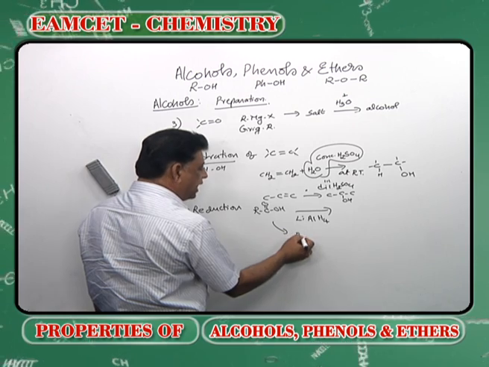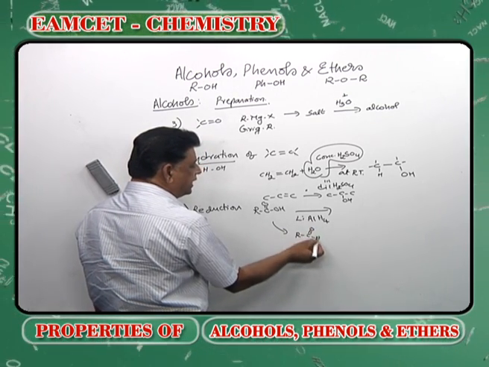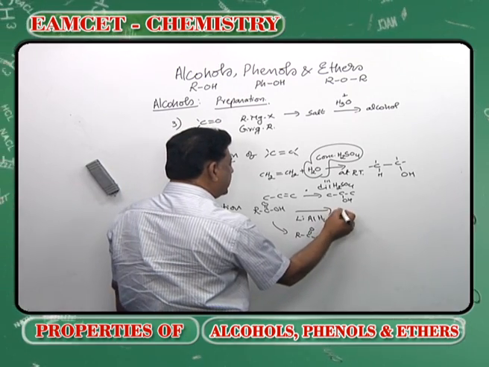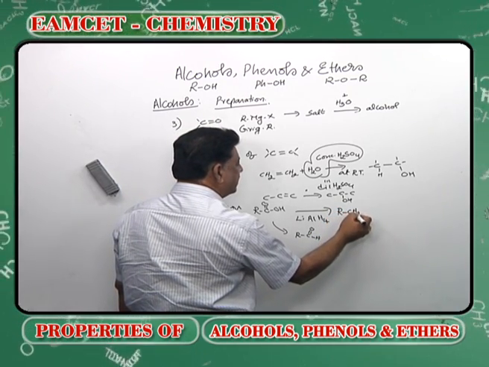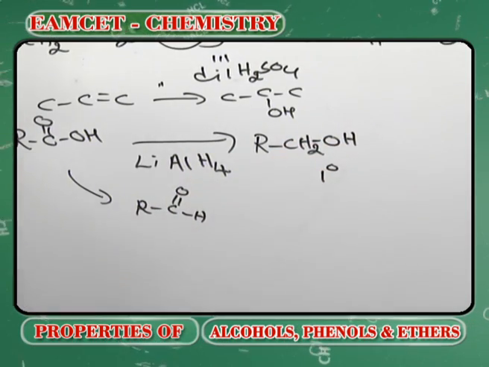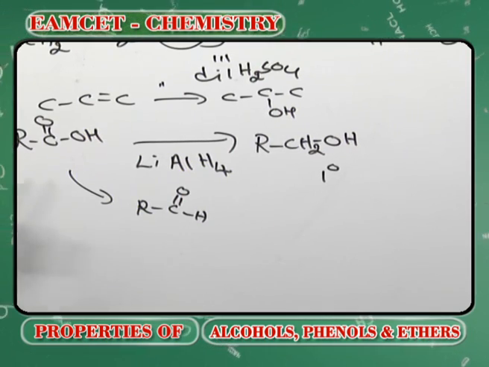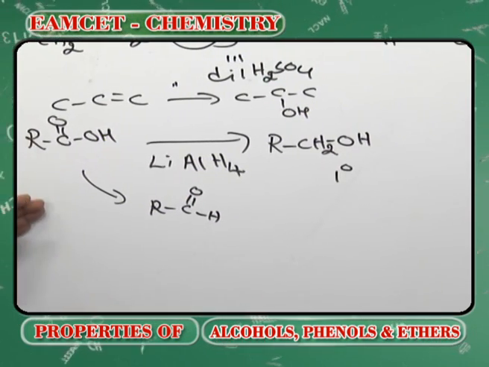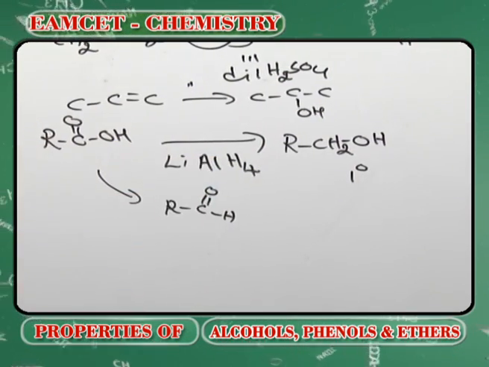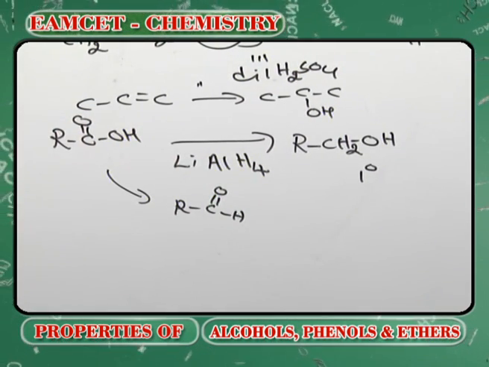Subsequently, you will get an aldehyde. The aldehyde further undergoes lithium and H addition. It becomes a 1 degree alcohol salt, which automatically hydrolyzes to give the 1 degree alcohol. So the acid will give a 1 degree alcohol. Even if the acid is 2 degree or 3 degree, you will get a 1 degree alcohol only. So reduction of carboxylic acids gives the 1 degree alcohol.